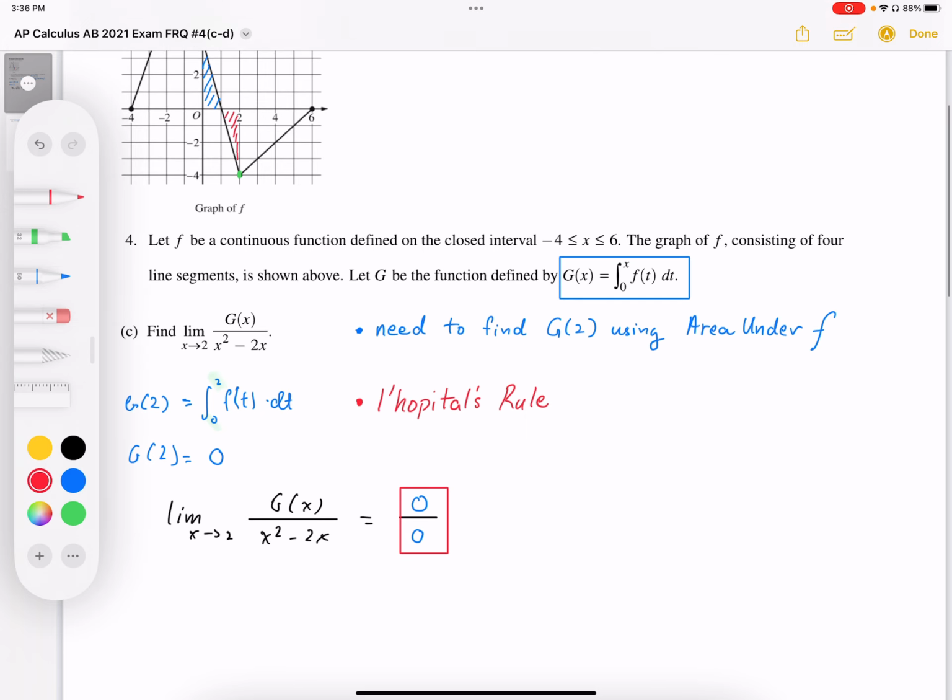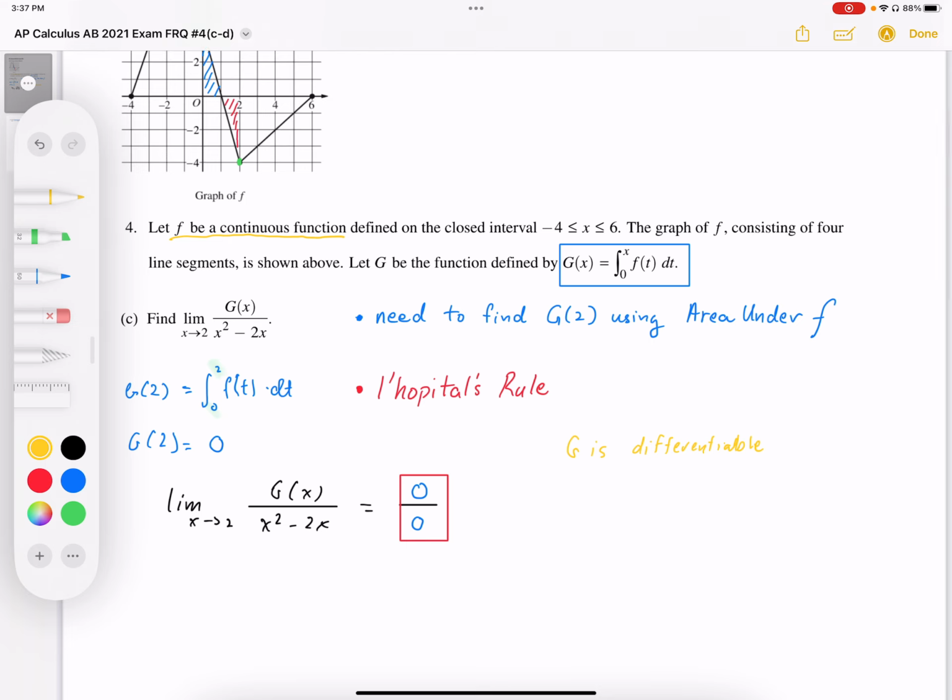So once I've established that I have 0 over 0, because f is a continuous function, f is continuous, that means then that g is also smooth and continuous, or differentiable. So g is differentiable. Okay, well that means I can apply L'Hopital's rule because I have the condition 0 divided by 0, and g is differentiable.